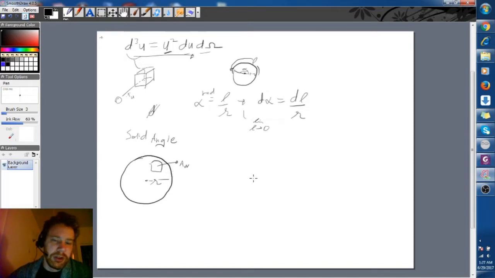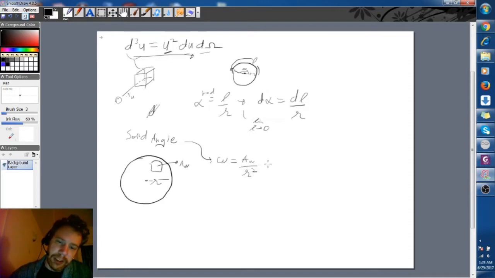We can write the solid angle omega as just equal to the area subtended, a sub n, over the radius squared.